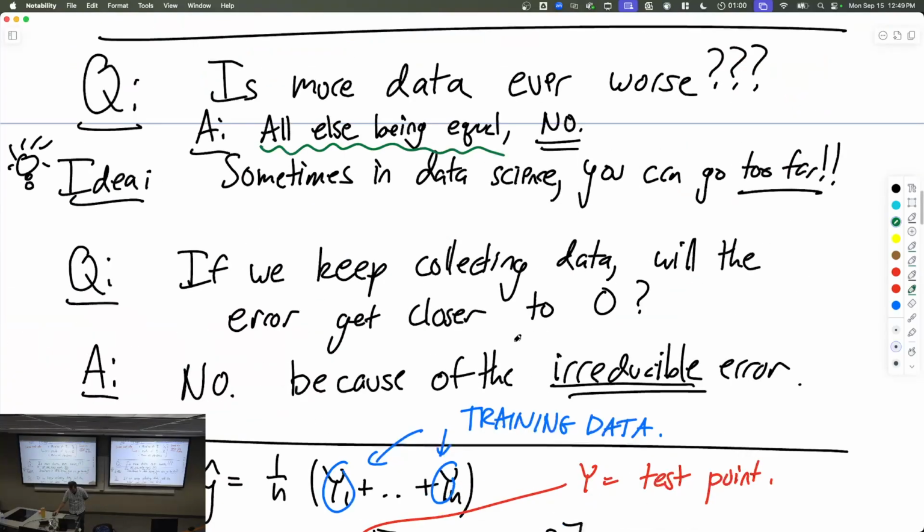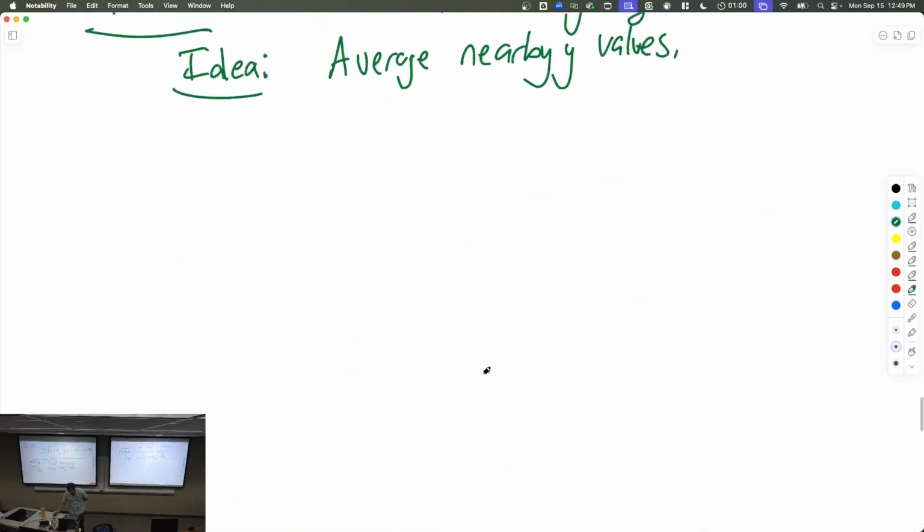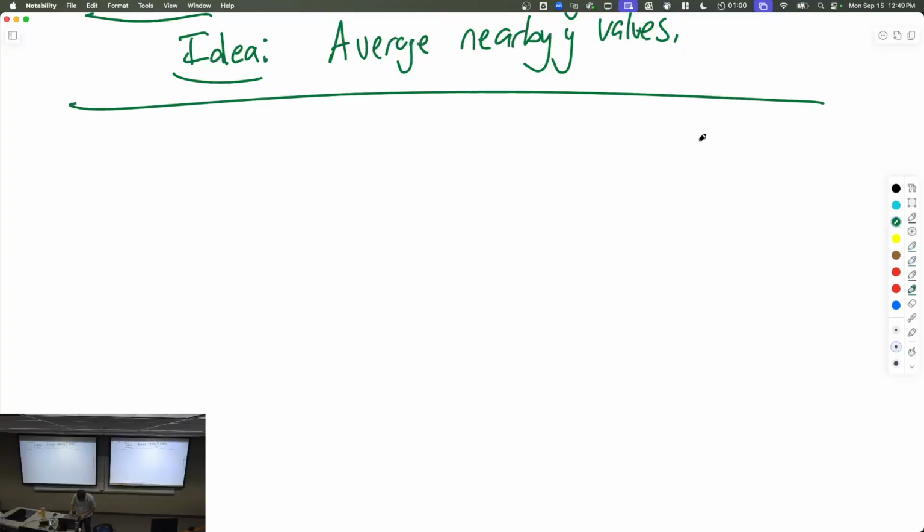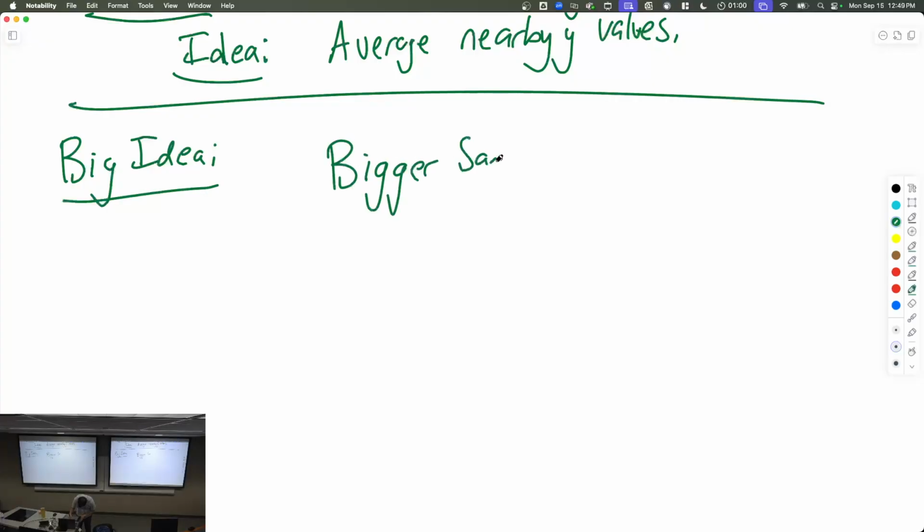So this is the big idea we are going to tackle next time. This is a really important idea. The big idea is that a bigger sample size, e.g. big windows, gives up something else.